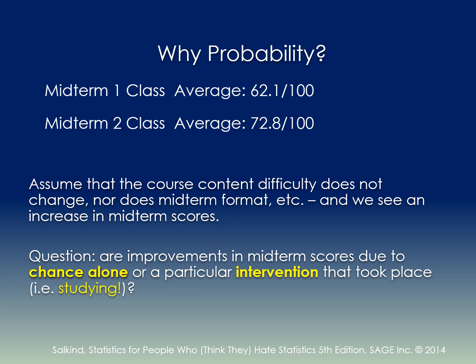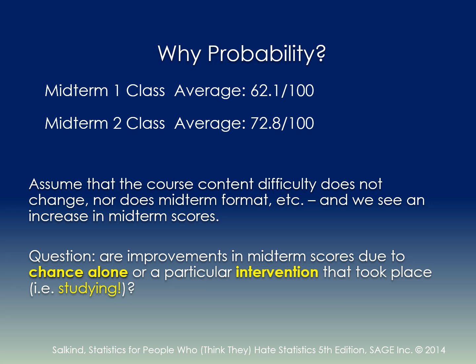Okay? So researchers begin to ask these questions. When we see changes in scores, the question the researcher has to answer is, did this change occur by chance alone? Because chance can happen, that's the only thing that is certain. Or was it due to a particular intervention that took place? A lot of times in research we call these things interventions. Often it's called the independent variable. That's the more technical term for it.